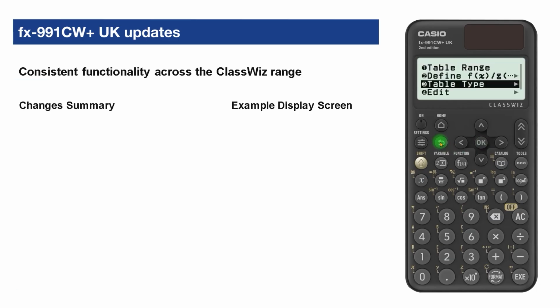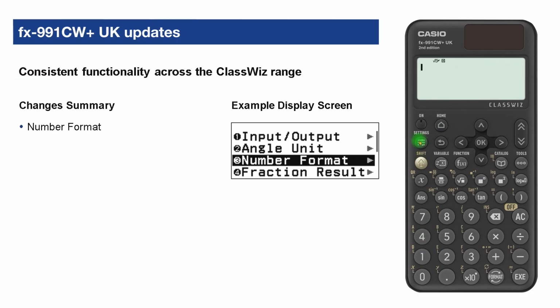In line with the changes to the default options for separators, frequency, and f of x columns, the fx-991CW Plus UK specific handset has been updated to provide consistent functionality across the range of scientific ClassWiz handsets. This means that the features of the fx-83 GT-CW are now included.